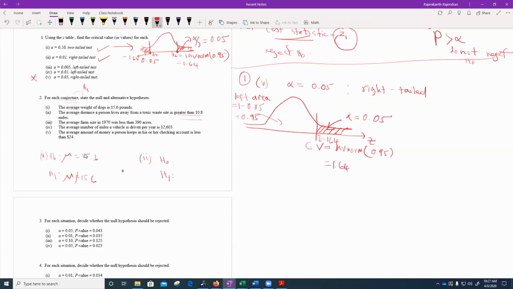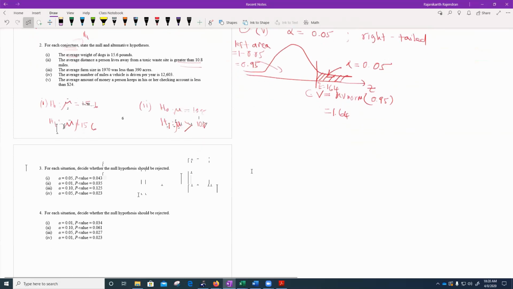Now here we are suspecting whether the average distance, again the population mean, is greater than 10.8. So this is going to be mu equals 10.8. Like that, you need to figure out all the hypothesis testing. So the first one is a two-tail test, and the second one is a right tail.